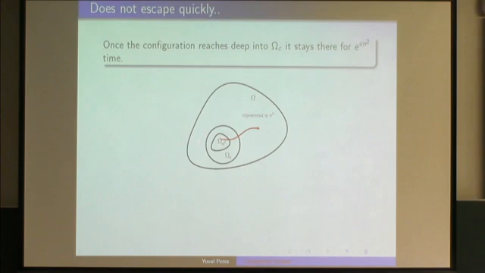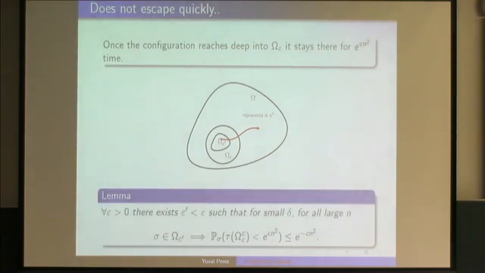Once this Markov chain on colorings hits the region omega epsilon prime, then again one can use this Lyapunov function with the drift it entails to show that it takes you a very long time to exit omega epsilon. So the probability that you exit omega epsilon in less than exponential time, exponential in n squared, is exponentially small if you choose these c's small enough.